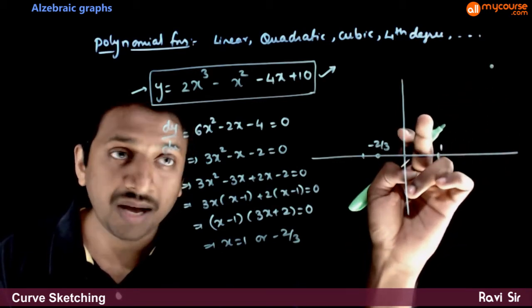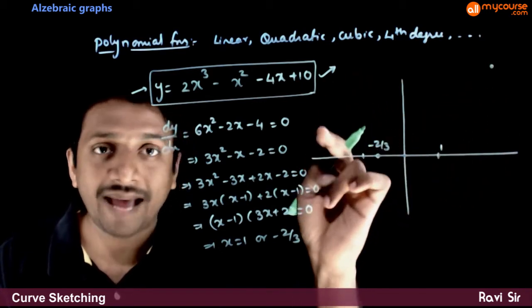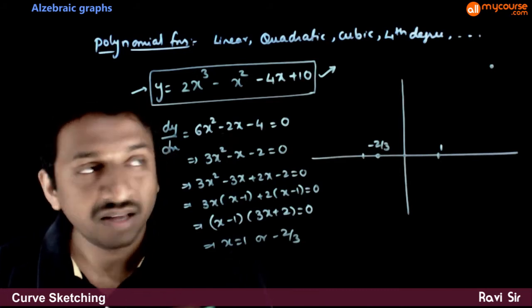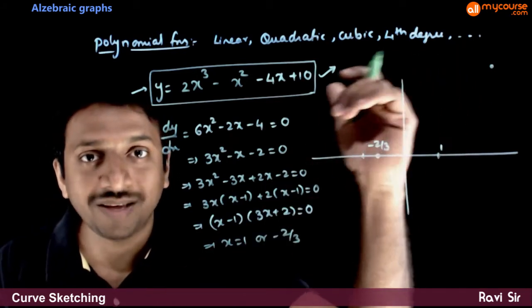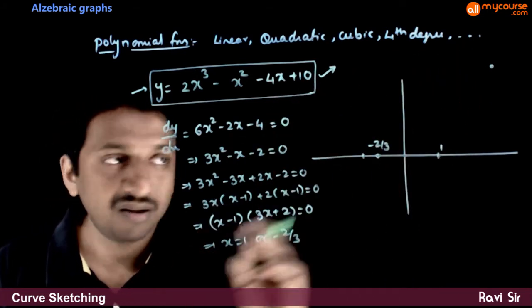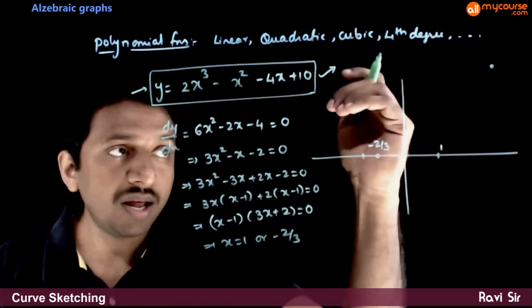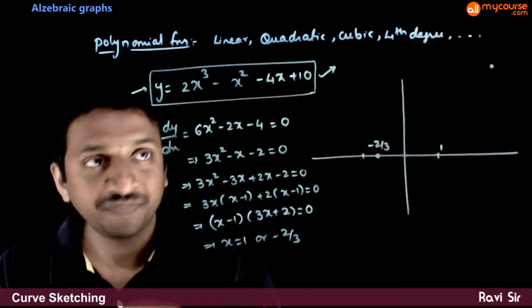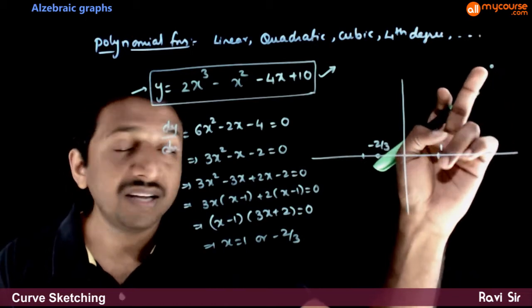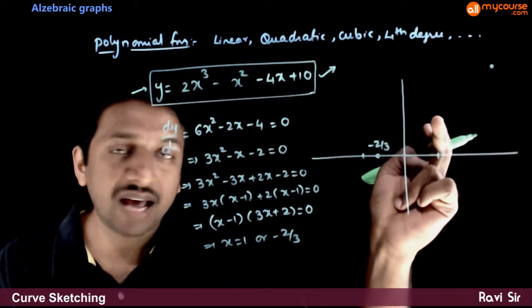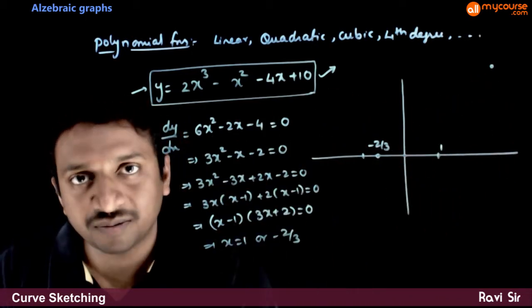And you have a minima at 1 and you have a maxima at minus 2 by 3. You cannot have a maxima at 1 and a minima at minus 2 by 3. If the leading coefficient is positive, it starts from here, so you have to have a maxima first and a minima next.